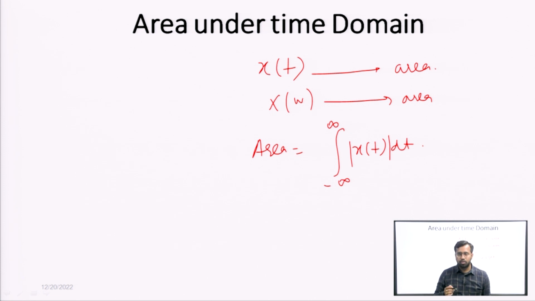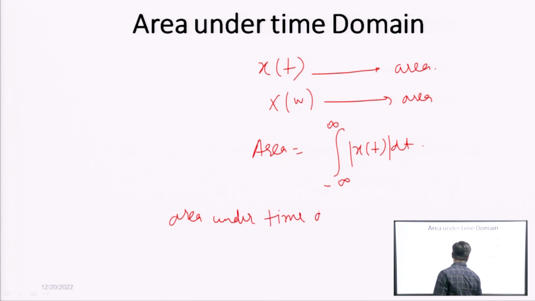There is one property, based on Fourier transform, which helps us get the value of this area in the frequency domain.